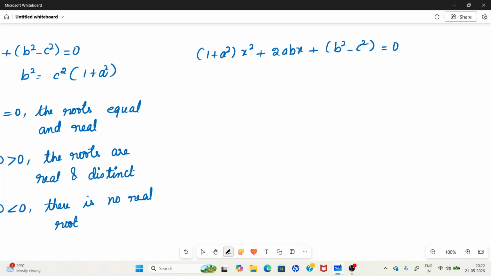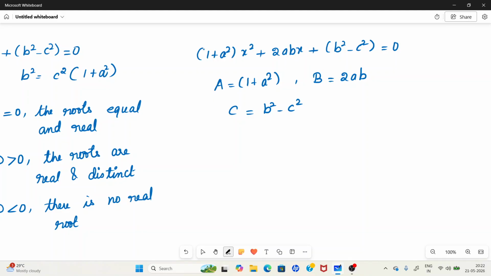Comparing this with the standard equation, a, the coefficient of x², is 1 + a², b, the coefficient of the x term, is 2ab, and the constant term c = b² − c².